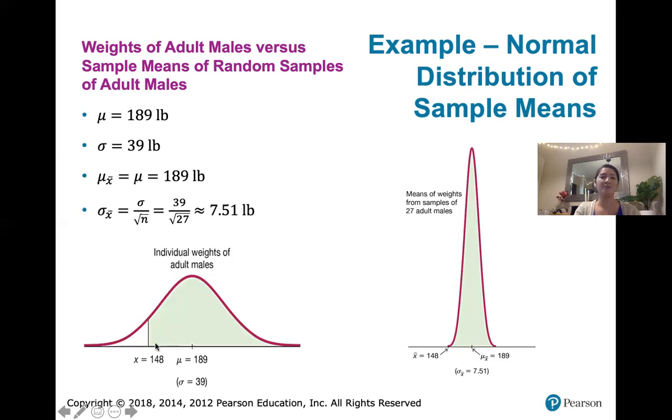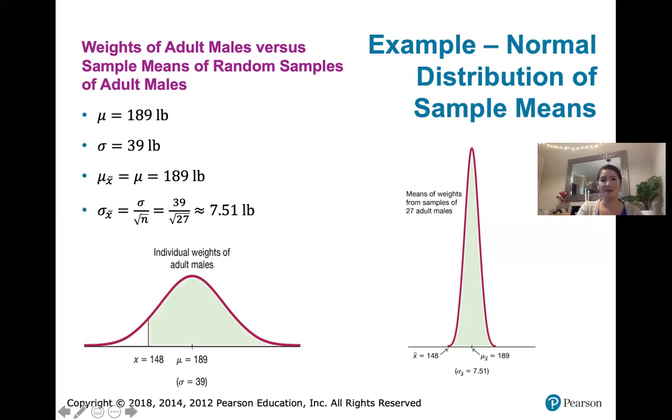Now over here, when we're talking about an individual male, the probability that he weighs more than 148 pounds is large, but it's not nearly as close to 1 as it would be if we were looking at the probability that the mean weight of 27 adult males is greater than 148.